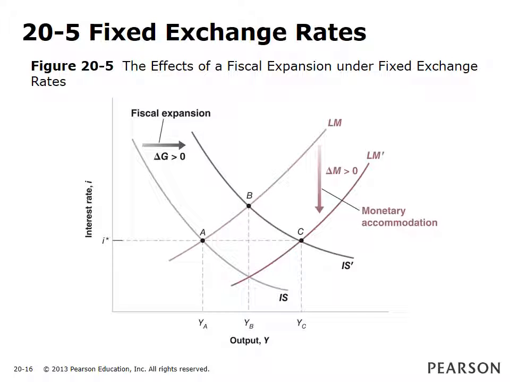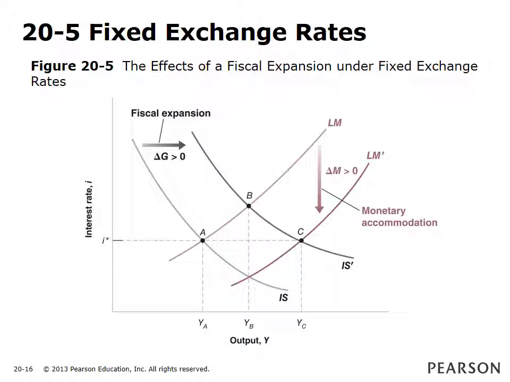Figure 20-5 shows the effects of a fiscal expansion under fixed exchange rates. Under flexible exchange rates, a fiscal expansion shifts the IS curve to IS prime and increases equilibrium output from YA to YB.